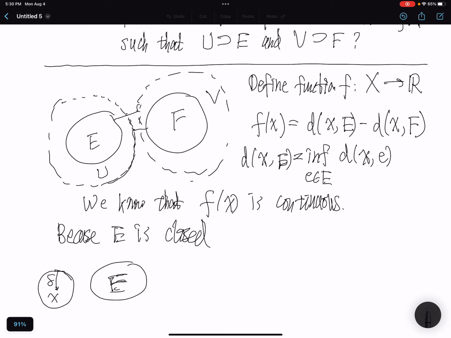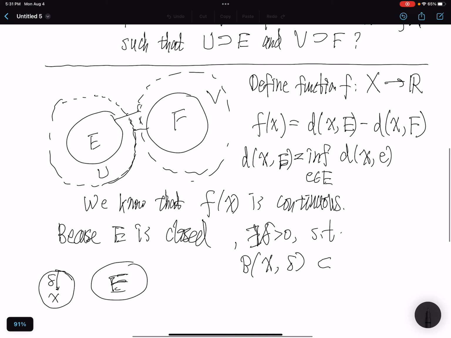So there exists delta greater than 0 such that the ball centered on x with radius delta is contained in the complement of E, which is open.